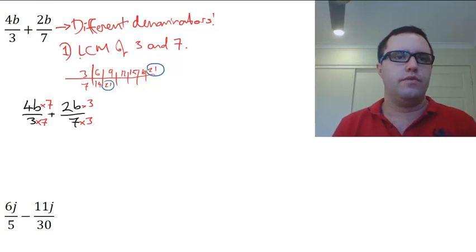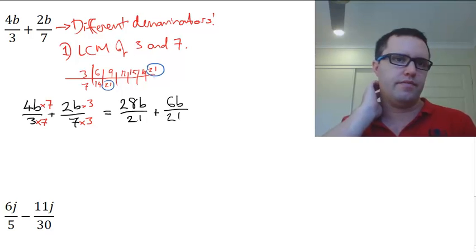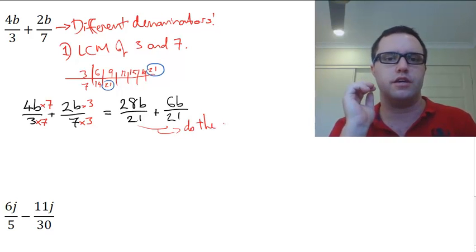So we will now rewrite this as 4 times 7 is 28b over 21 plus 6b over 21. Now that we have the same denominators, we can carry out the addition.